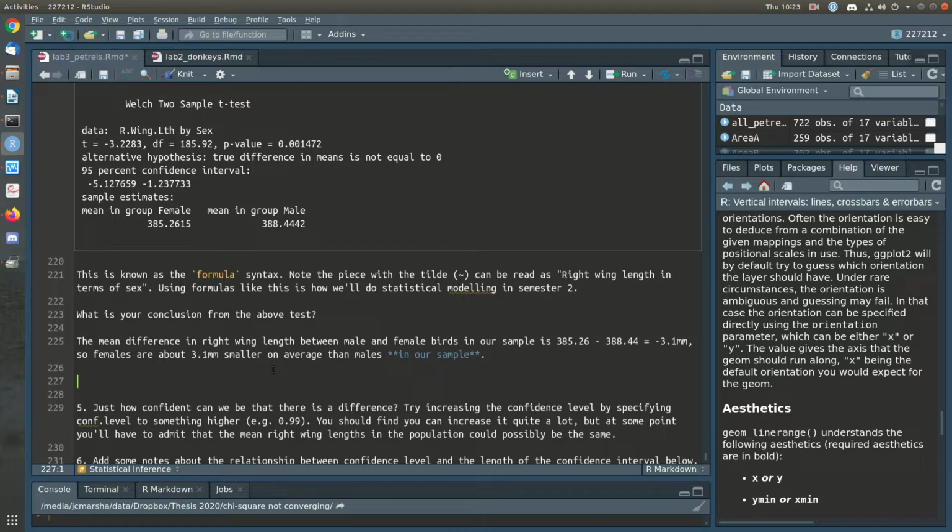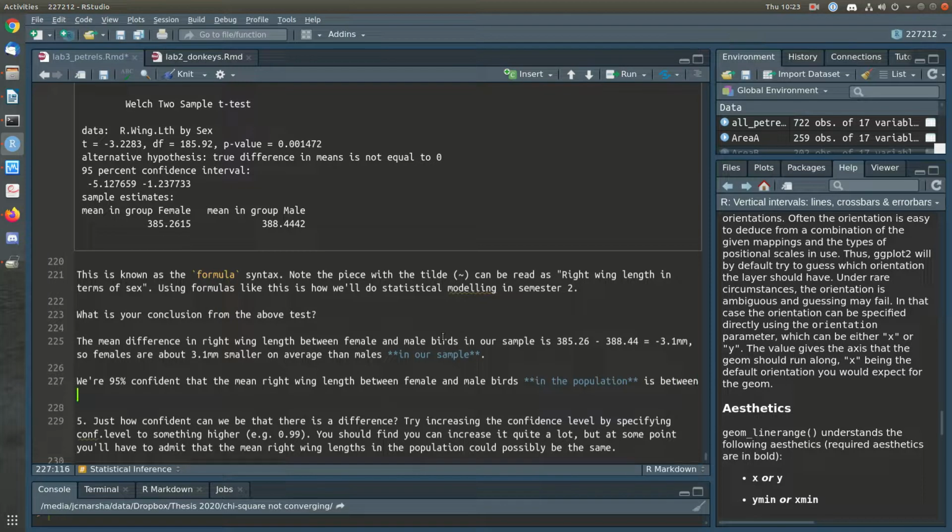So we're 95% confident that the mean right wing length, I should actually put between female and male, right? It's ordered, isn't it? Between female and male birds in the population is between minus 5.1 and minus 1.2 millimeters.